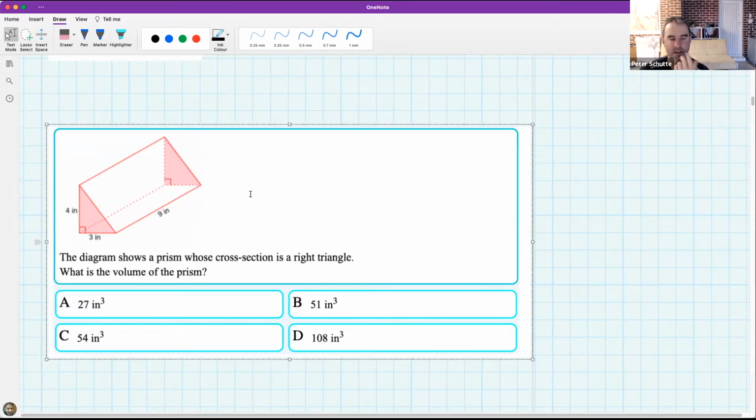My main tip is to think, the shape has a base, which is a triangle. Can you find the area of that triangle? And then can you find the volume by extending that triangle?